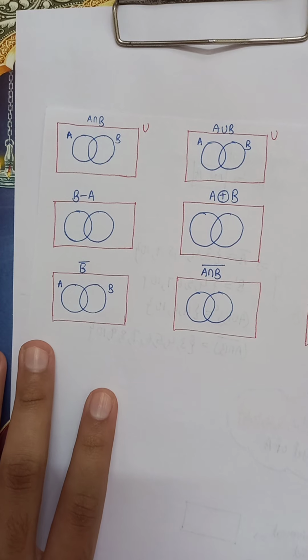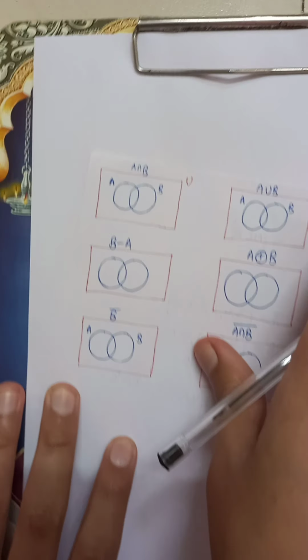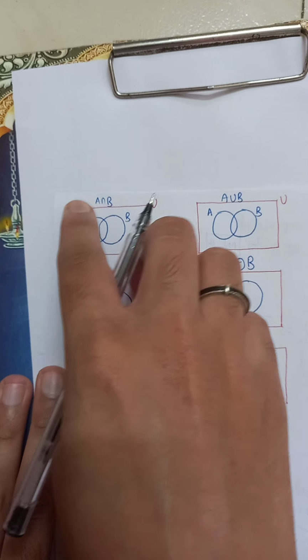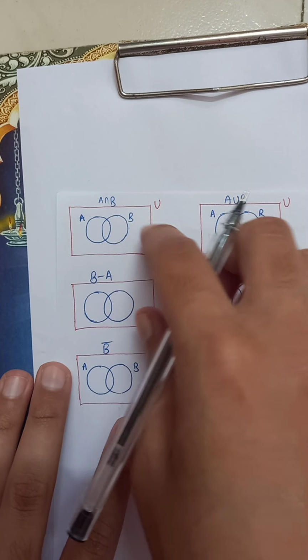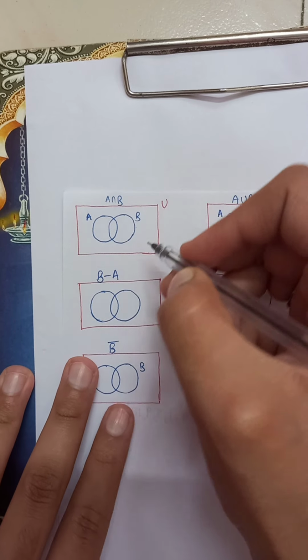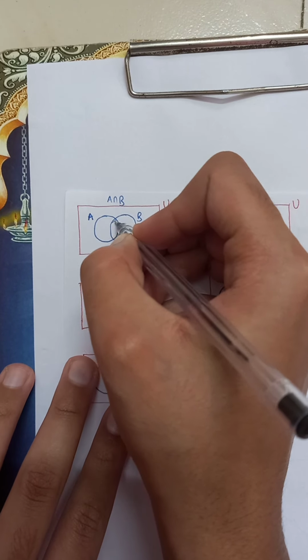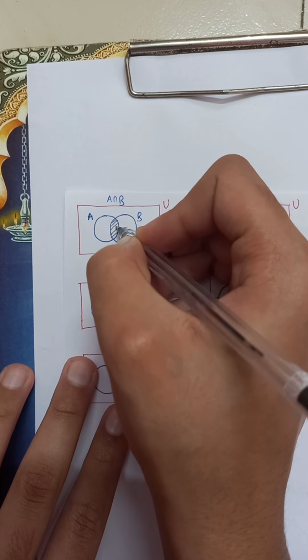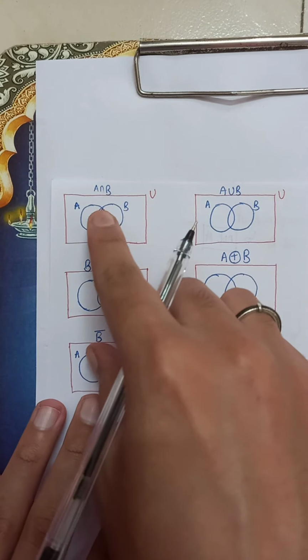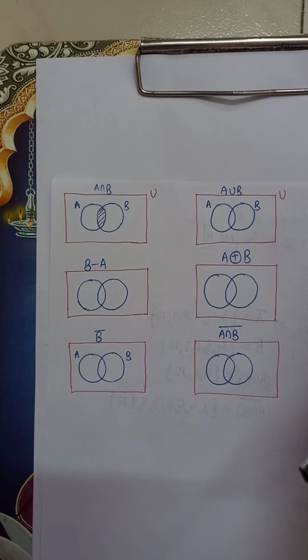In the first case, we are asked how to represent A intersection B. You first draw a universal set and then two sets A and B. A intersection B means the common part of A and B. This is the common part of A and B. So this is how you represent A intersection B in a Venn diagram.